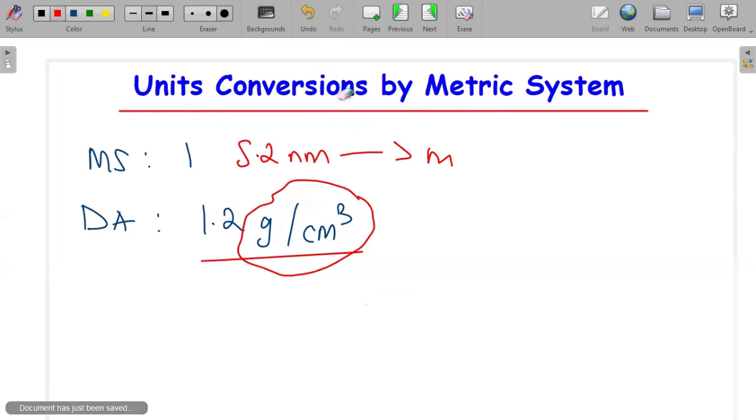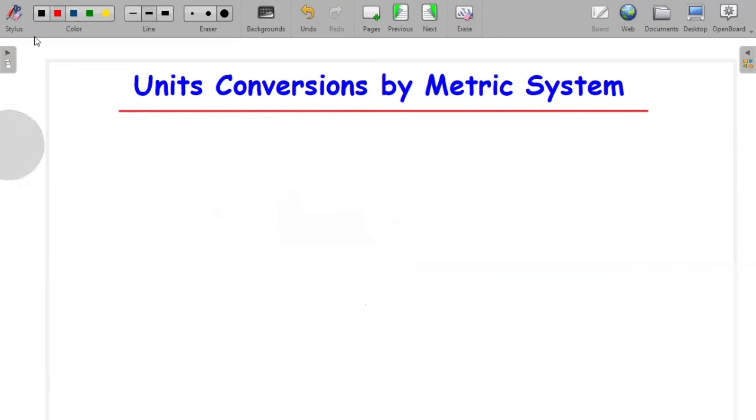Okay, so let's look at some examples on how we do these things. For example, if the question is to convert 5.2 nanometers to picometers, what am I going to do?